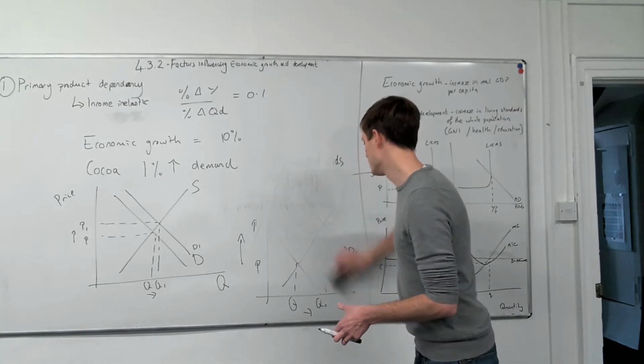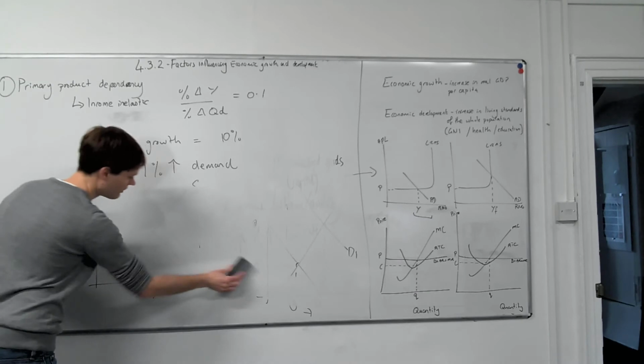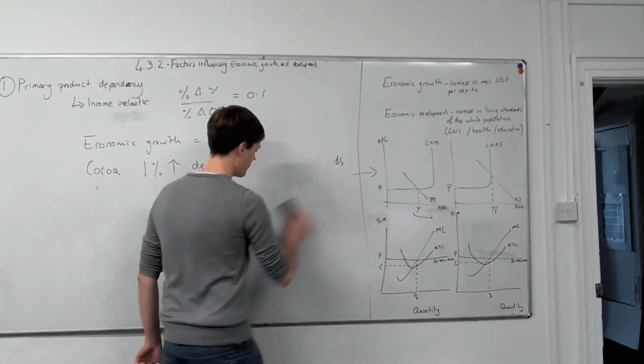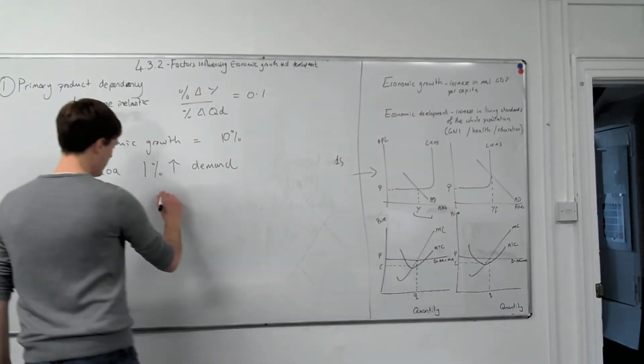This idea that we've just shown here is something called the Prebisch-Singer hypothesis, and the idea that primary product prices will stay low. Let's put that on the board there.